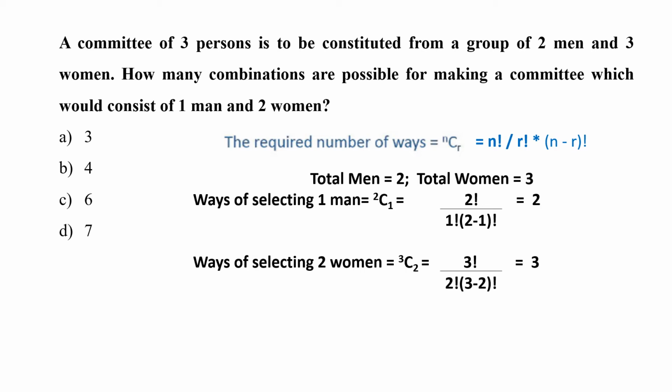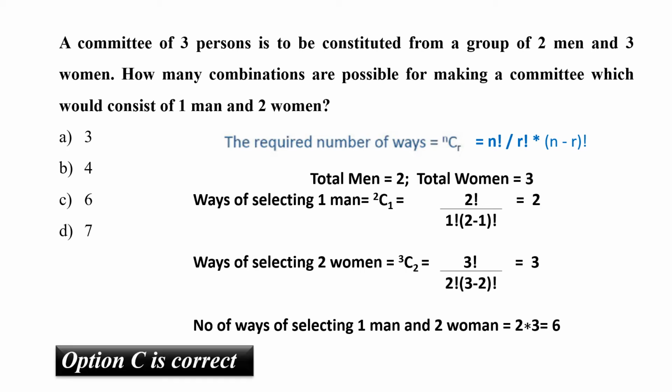So finally, after calculation we get a value of 3. Now it says that the committee should consist of 1 man and 2 women. So the number of ways of selecting 1 man and 2 women together is going to be 2 into 3, so it gives the answer 6. So our option number C, 6, is going to be the correct answer.